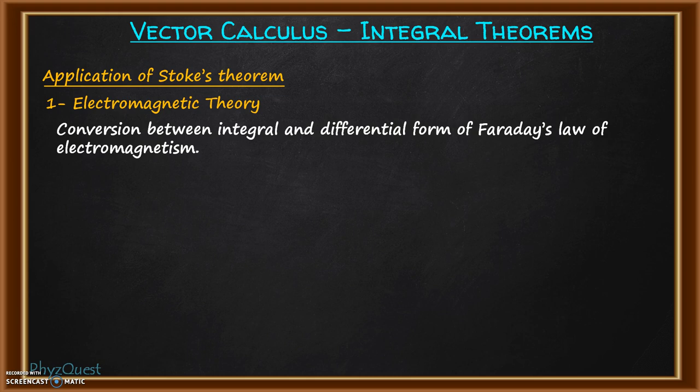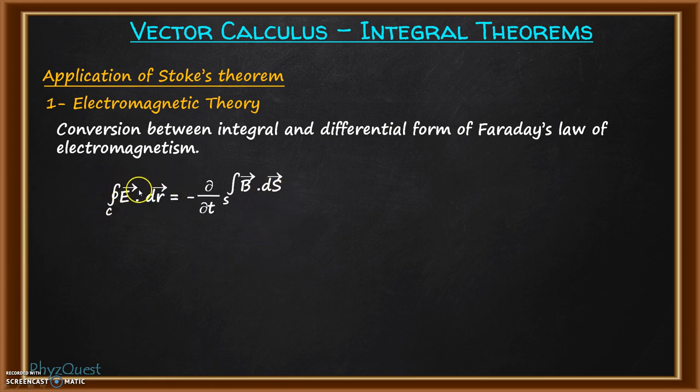First of all, the mathematical form of Faraday's law is the closed curve integral of E dot dr equal to minus del by del t of the integral over the surface S of B dot ds. This is the integral form of Faraday's law.